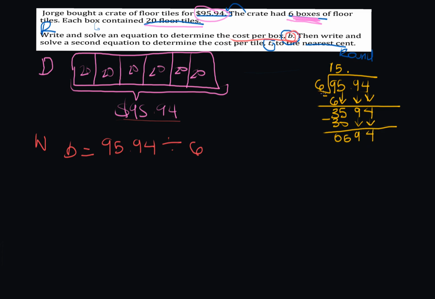So now we have to see, does 6 go into 5? No. Does 6 go into 59? Yes. 6 times 6 is 36, 6 times 10 is 60, which is 1 too much, so we must go 1 less than that. So 6 times 9. 6 times 9 is 54.